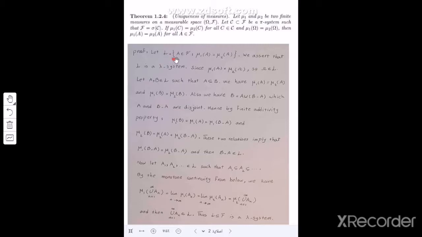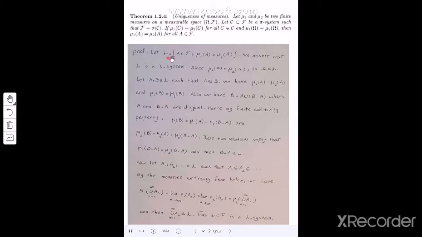Let L be this set, containing such elements A of F such that mu1 of A is equal to mu2 of A. It is clear that, by this definition, L is a subset of F.